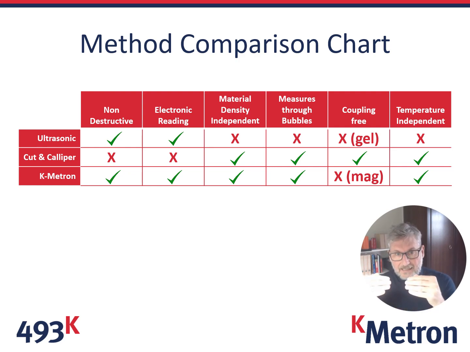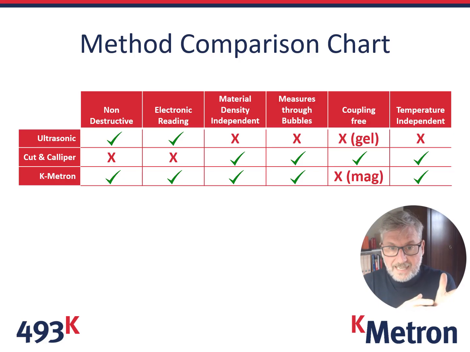It is very important to note that the density of the material will affect the thickness read. And we've just heard a few slides ago how the density of the polyethylene will vary depending on the thickness of the part.